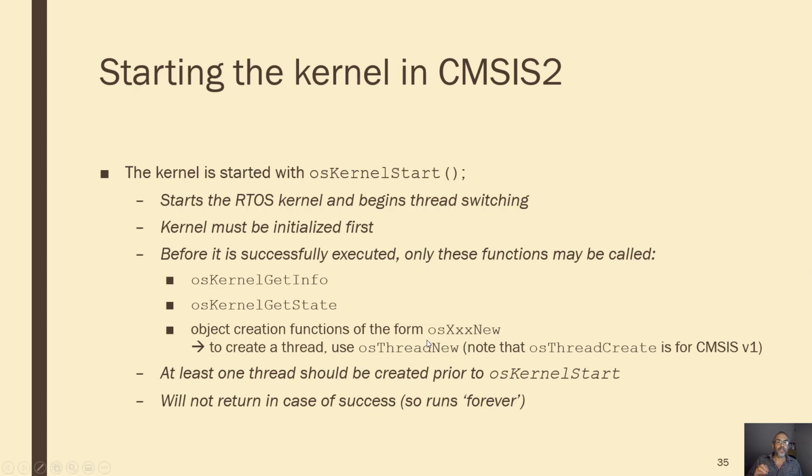And you can call these before osKernelStart and after osKernelInitialize. Maybe you remember that earlier in this lecture I mentioned osThreadCreate instead of osThreadNew. That was actually a mistake. osThreadCreate is from CMSIS version 1, and we are using version 2.